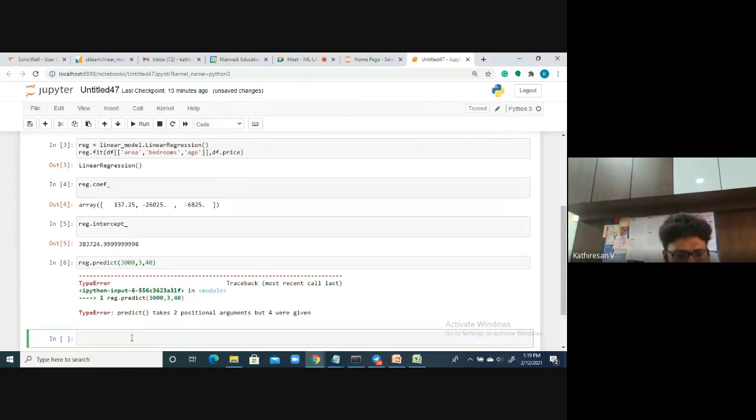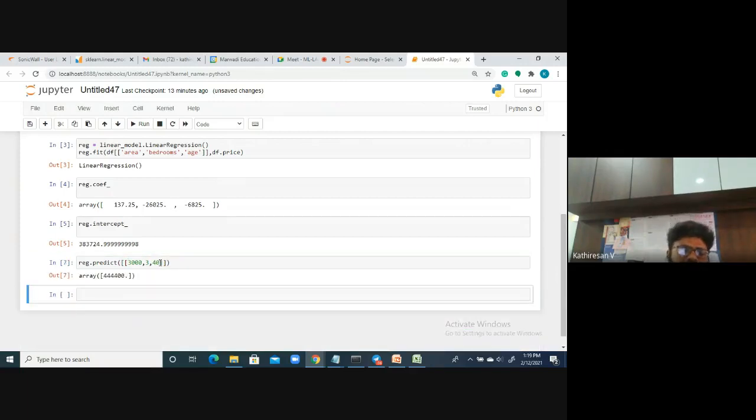Okay, I'm sorry. So this is the price: $4,444,000, the price for 3000 square feet, 3 BHK and 40-year-old building.